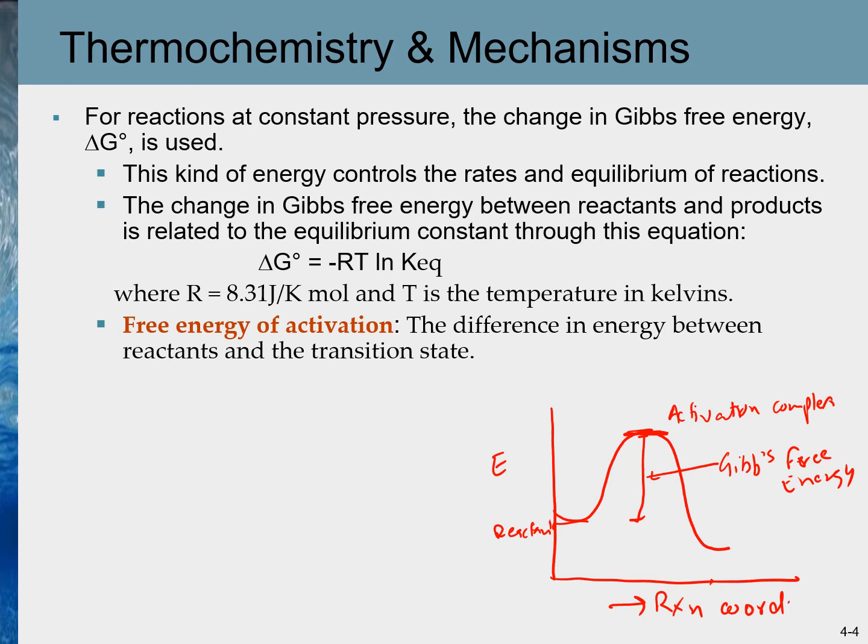However, if the Gibbs free energy of activation is low, in other words the activation barrier is low, it will easily be crossed by most of the collisions. In this case, the reaction rate will be fast. So Gibbs free energy of activation determines how slow or how fast a reaction will be.